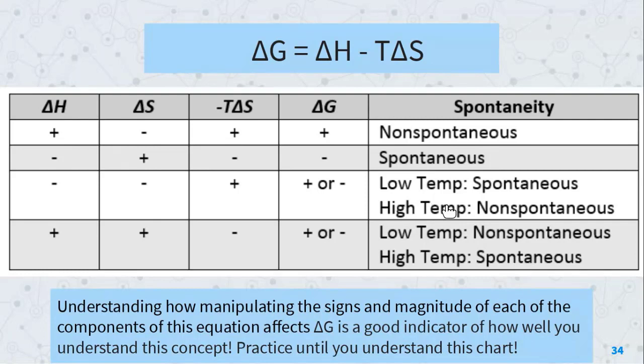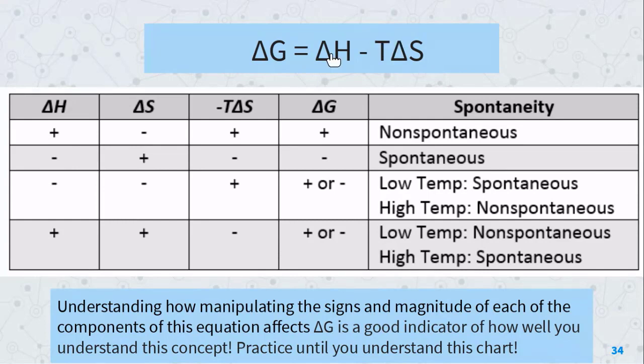The key to these two, remembering which one, is thinking about, do you want to minimize or maximize the contribution of your delta S? So if your delta S is what you want it to be, if it's positive, then make a high temperature, because that is what's going to get your delta G negative, because it's multiplied times your temperature. So if you want to maximize your favorable delta S sign, put a high temperature on there and that'll make it spontaneous.